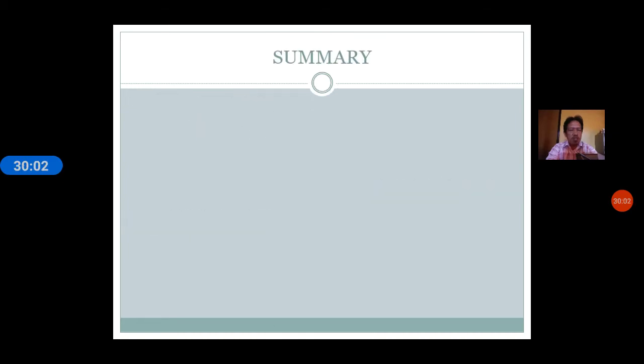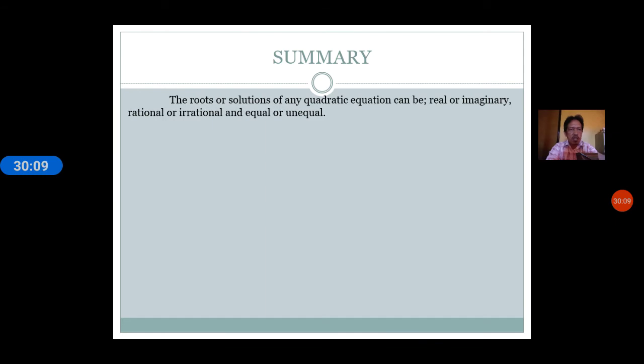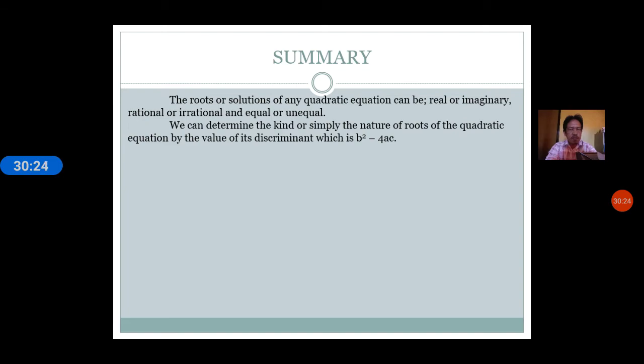Okay? To summarize what we have discussed for this week, the roots or solutions of a quadratic equation can be real or imaginary, rational or irrational, equal or unequal. Okay?